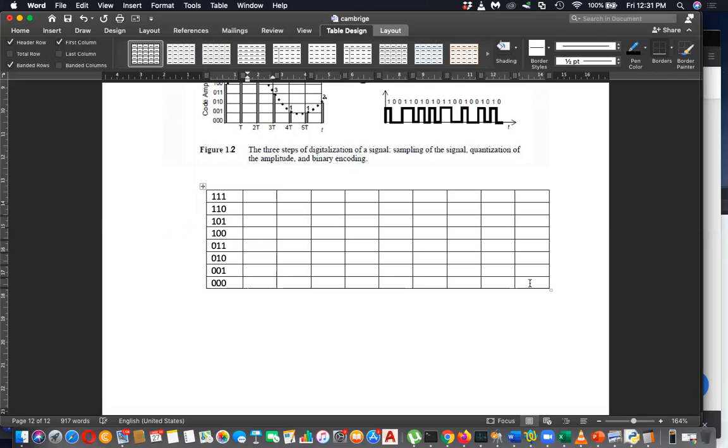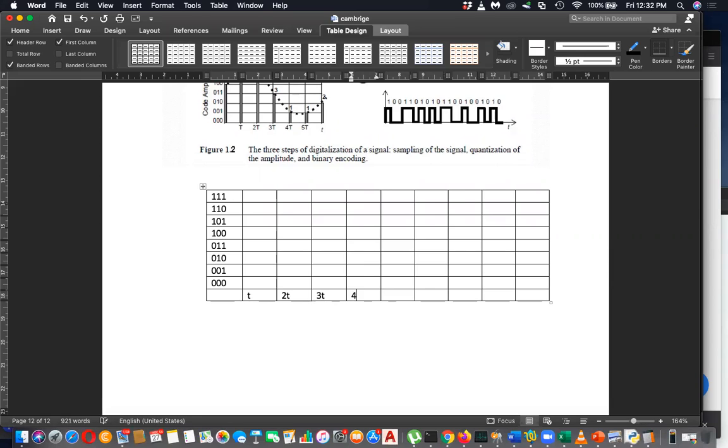On the other side you have sampling. Let's say this is T, this is 2T, 3T, same periods, 4T, 5T, 6T, 7T, and 8T. So in the X direction, you have sampling.